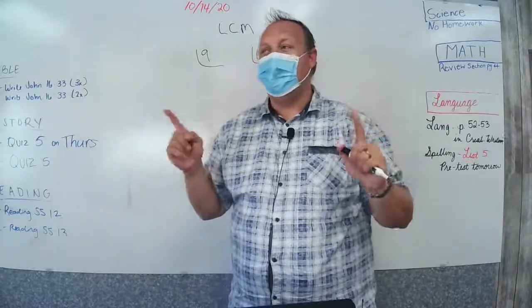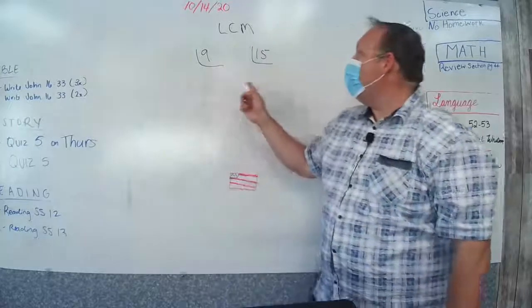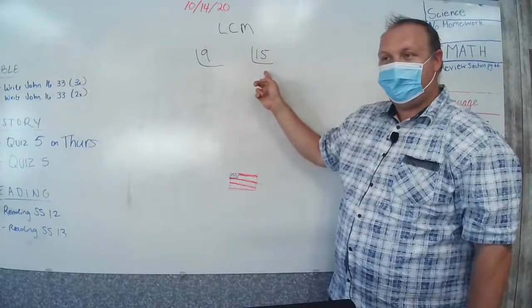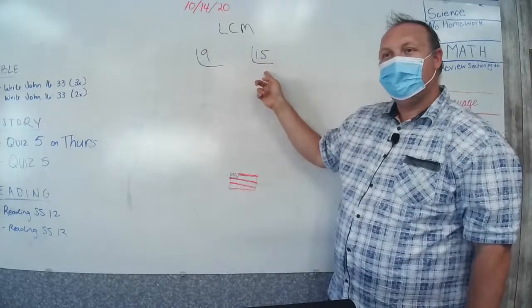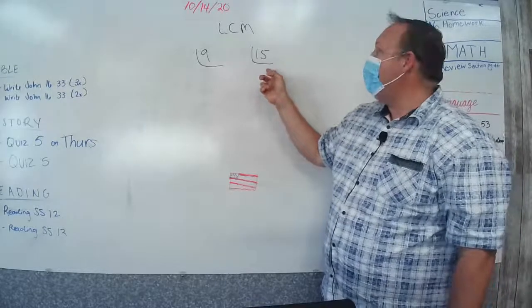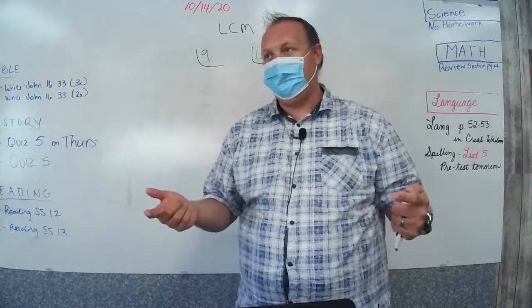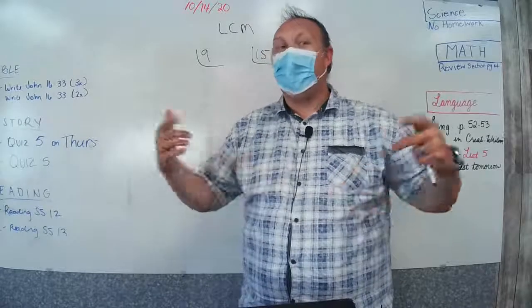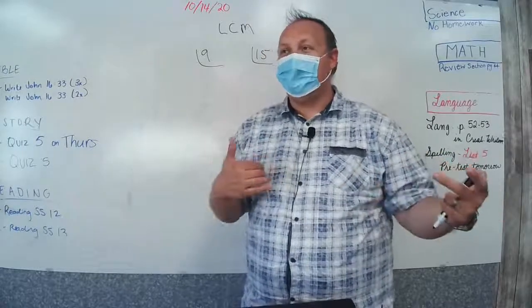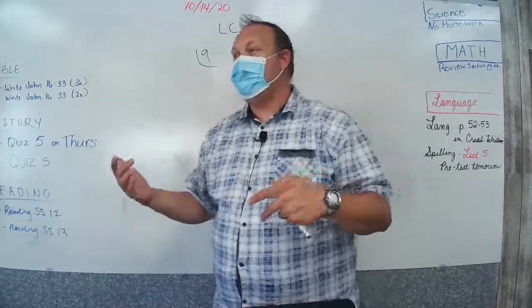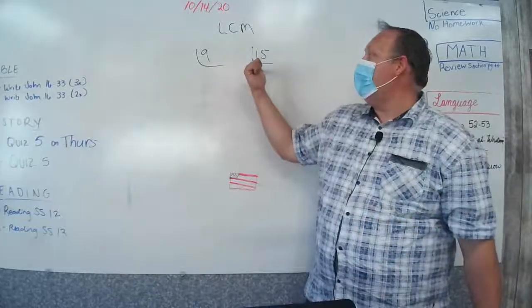This number that I'm looking for cannot be less than the biggest number that we have. It cannot be less than 15 because I have to multiply something by 15 to get it. That's what a product is, right? You multiply two factors together, you get a product. The same thing goes with a multiple. You multiply numbers together to get a multiple.